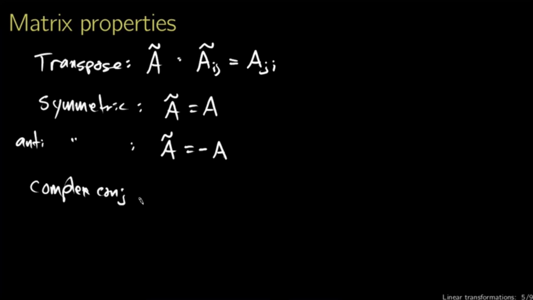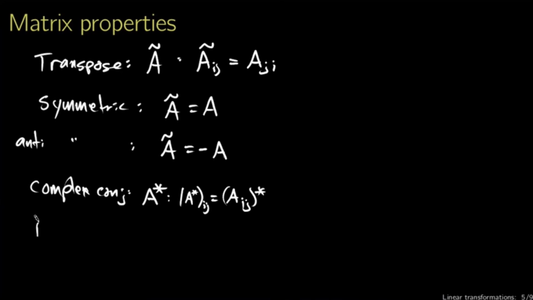We can also take the complex conjugate of a matrix, which we'll write as A star, using our complex conjugate notation, and that's relatively straightforward. If I have A star and I want to know the ijth entry, I have the complex conjugate of the ijth entry of A. To take the complex conjugate of a matrix, you take the complex conjugate of all the elements of the matrix.